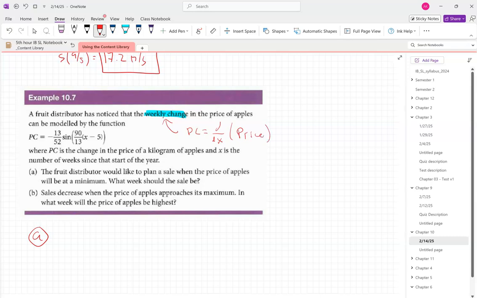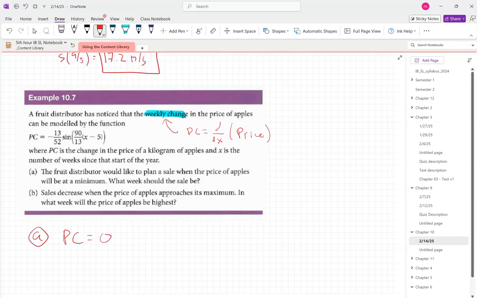So PC is already a derivative. We're not going to be taking the derivative of PC unless you want to do a second derivative test, which I recommend against because we don't know how to take the derivatives of functions like that because it's not in the form ax to the n.